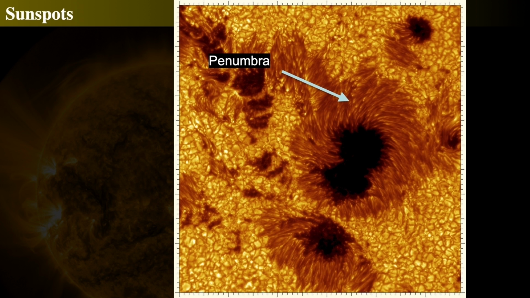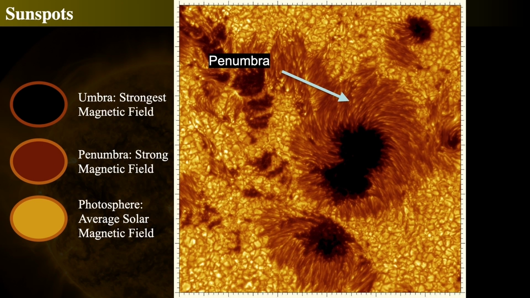And the outer portion we'll call the penumbra, and they always come in pairs. So sunspots come in two sets, where one set is magnetic north and the other set is magnetic south. So they come in pairs where one is a North Pole and one is a South Pole. So we can imagine that underneath the photosphere, if you wish to imagine this, there's some sort of magnetic field, even think of those old bar magnets or horseshoe magnets where one end is north and one end is south.